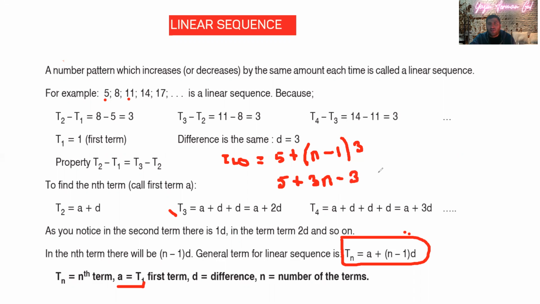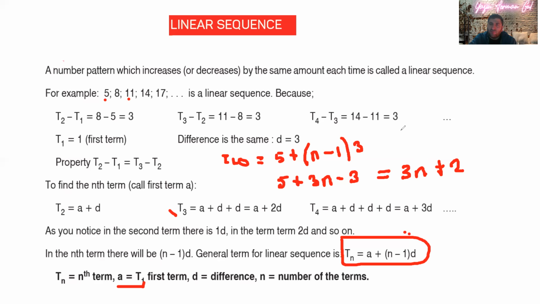If you work it out, Tn equals 5 minus 3, which is 2, so 3n plus 2. Now, n is 10, I'm looking for the 10th term, so 3n plus 2 is going to be 3 times n with what?